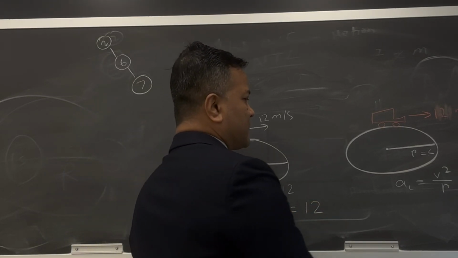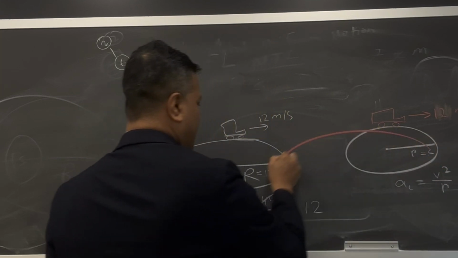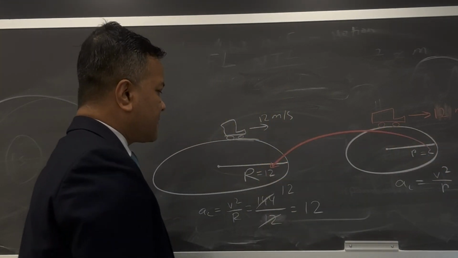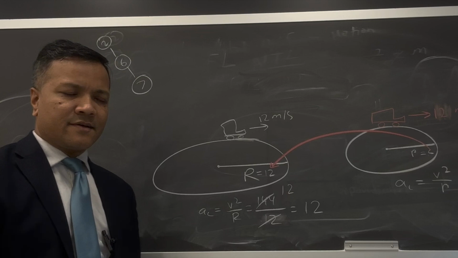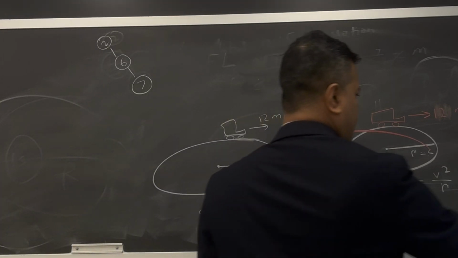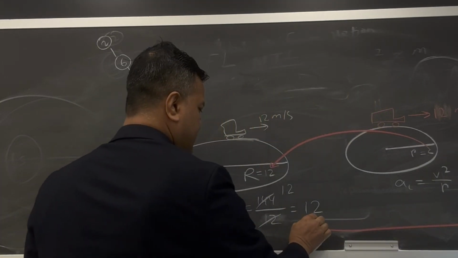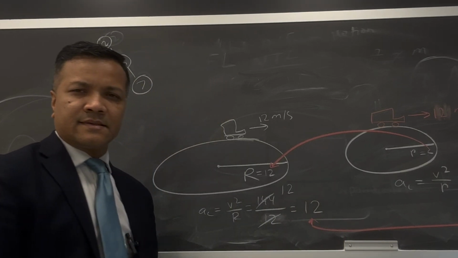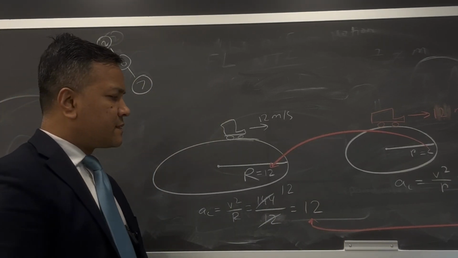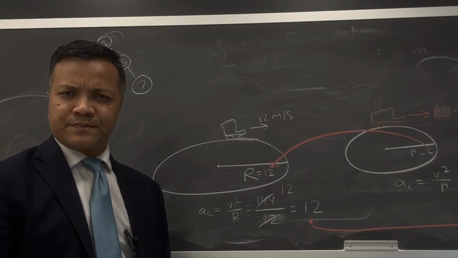So if you double the radius, the acceleration is halved. Okay?